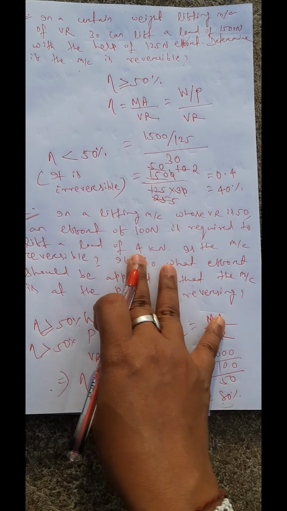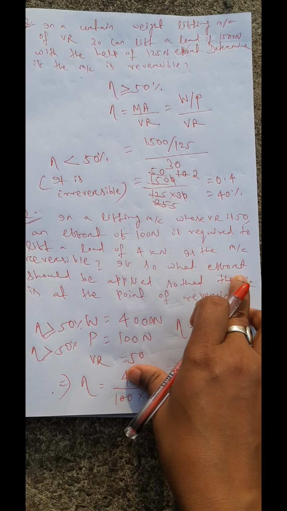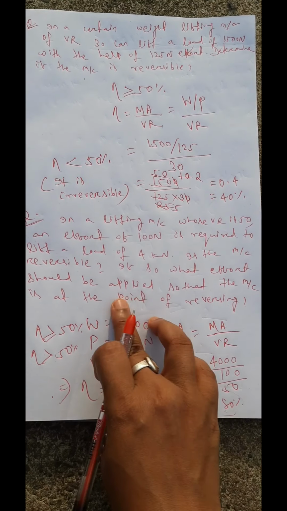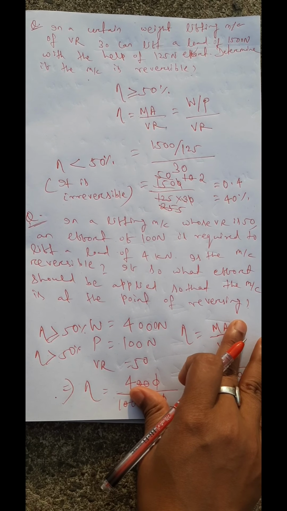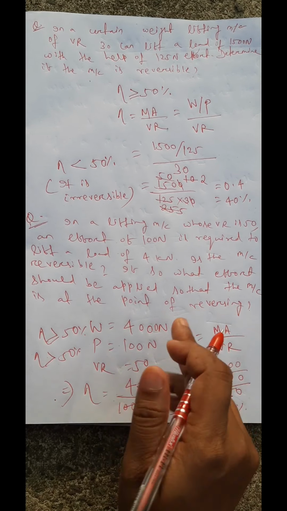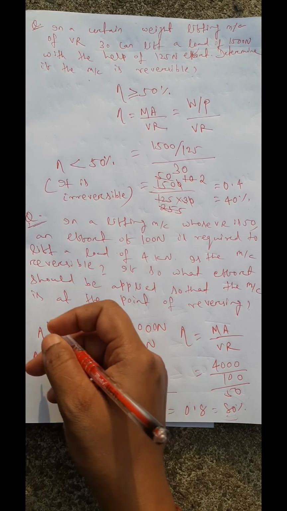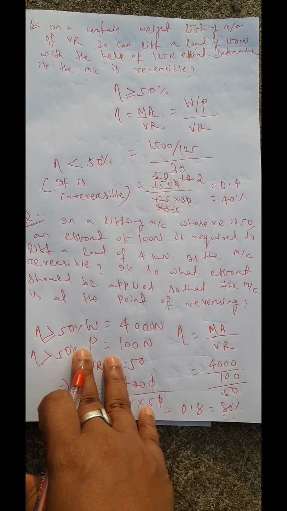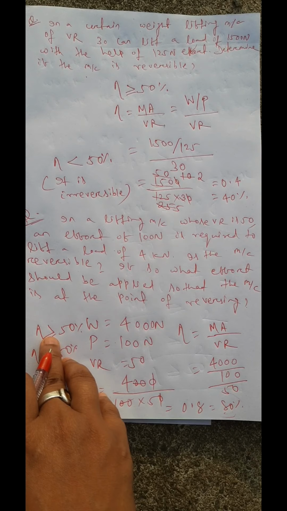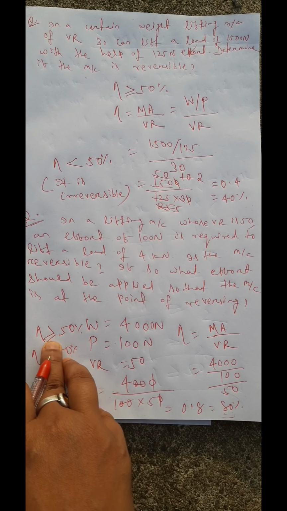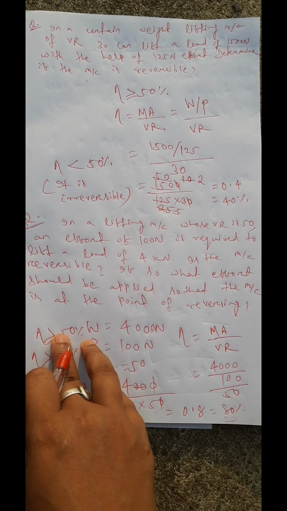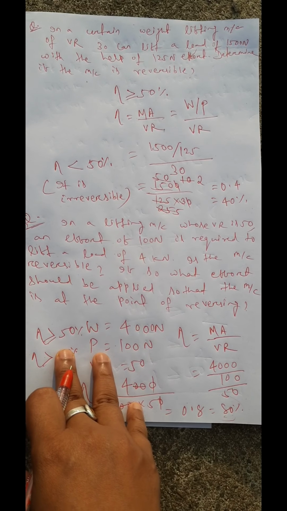Now we have to check what effort should be applied so that the machine is at the point of reversing. When the machine is at the point of reversing, that means the limiting condition after which the machine is reversible. So what is the limiting efficiency? That is 50%. When the machine's efficiency reaches 50% or beyond, only then it will be reversible.